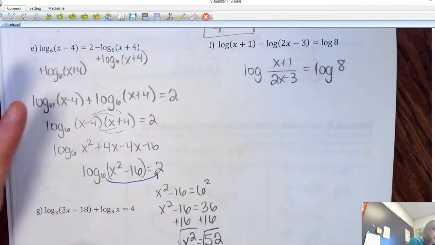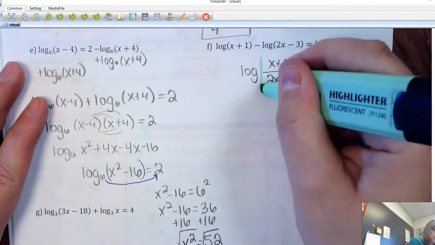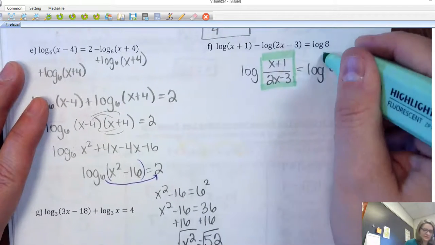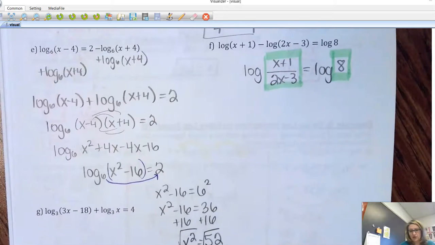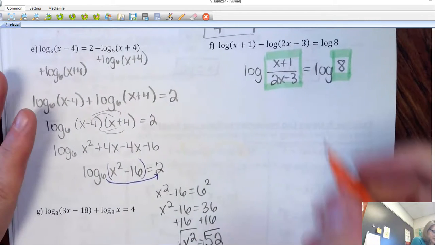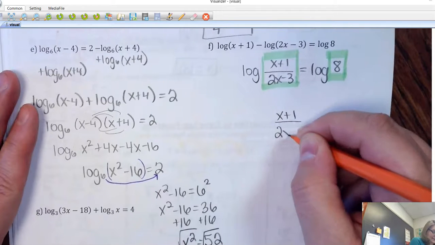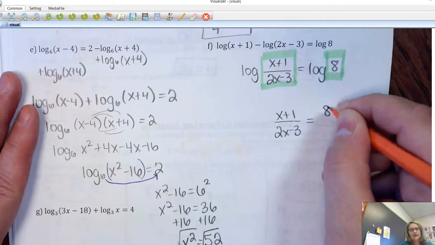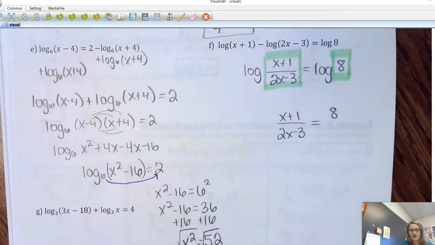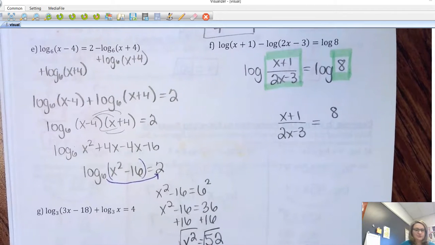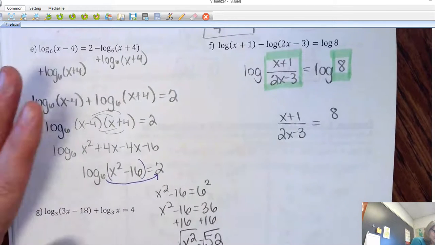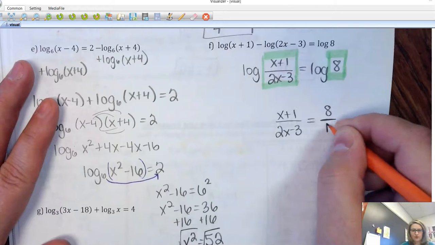And so if I have a log of the same base equal to another log of the same base, then whatever I am taking the log of, those have to be equal. So I'm just going to dispose of those logarithms. And I'm going to have x plus 1 over 2x minus 3 has to be equal to 8. Because I've got variables in the top and bottom, I'm just going to turn 8 into a fraction by writing it as 8 over 1.